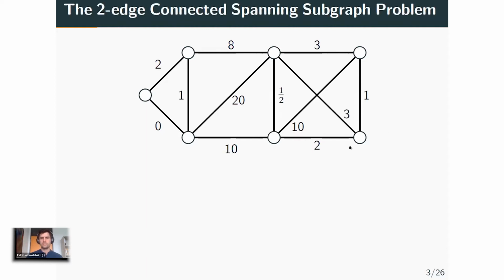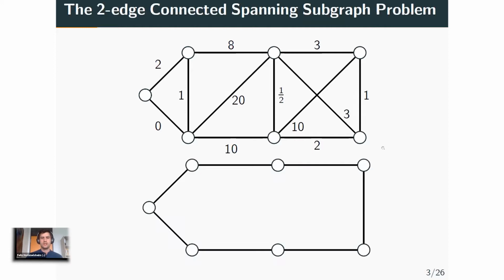So for example, an optimal solution to this instance is this graph here. It's a cycle, and you can see it's a spanning subgraph, and also it's 2-edge connected.